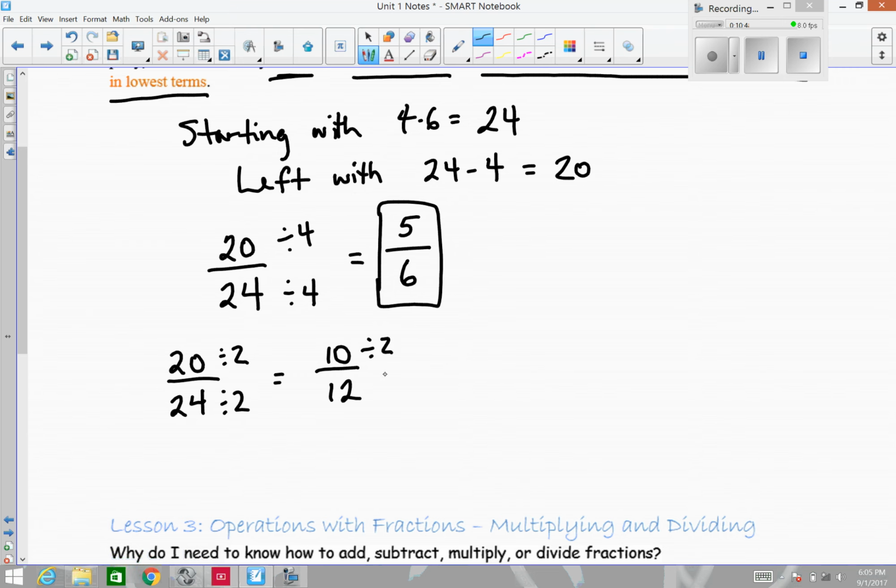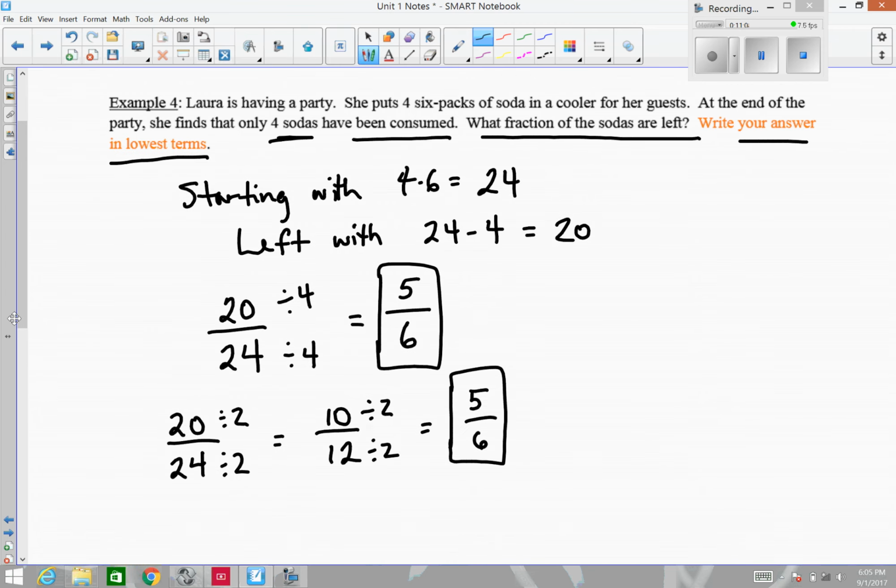Both are again divisible by 2, so I need to reduce that again, and I can get 5 over 6. Same answer, it just took me a couple steps instead of one step from the previous example, but still get to the right answer. So for this problem, what fraction of the sodas are left? 5/6 of the sodas are left at the end of the party.